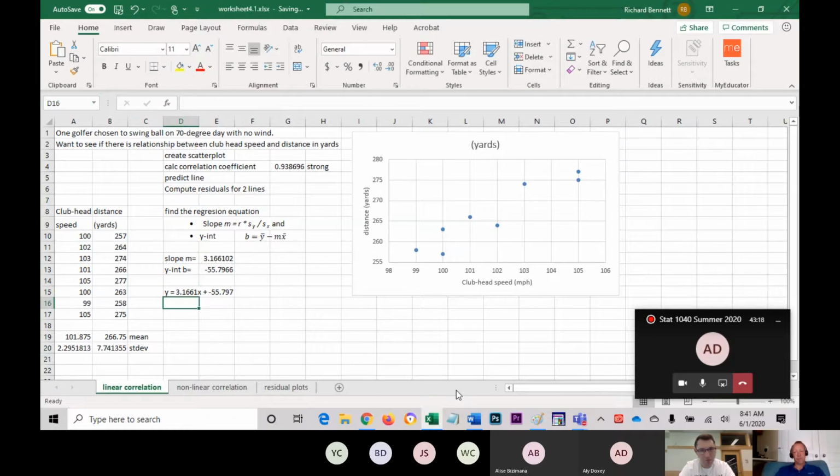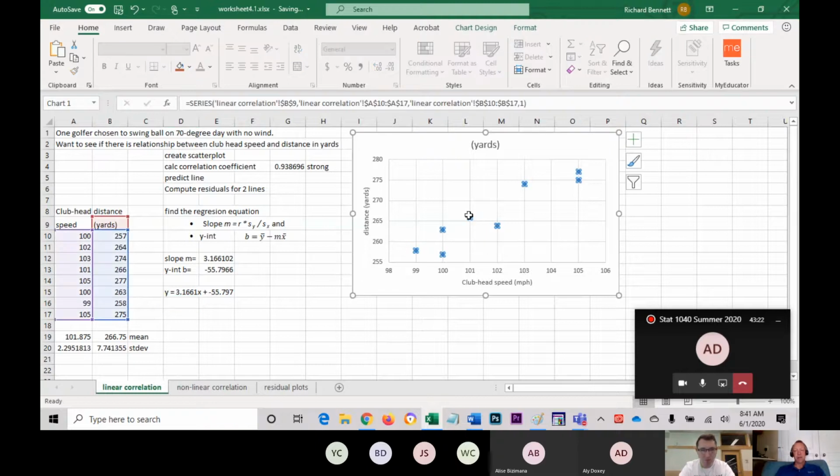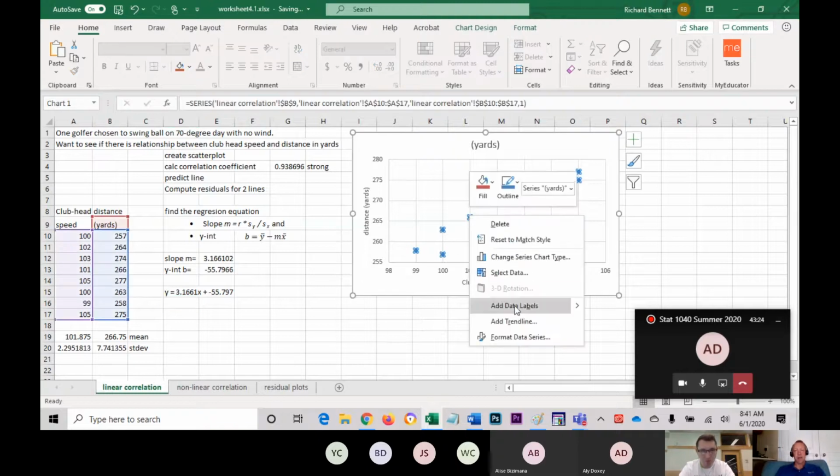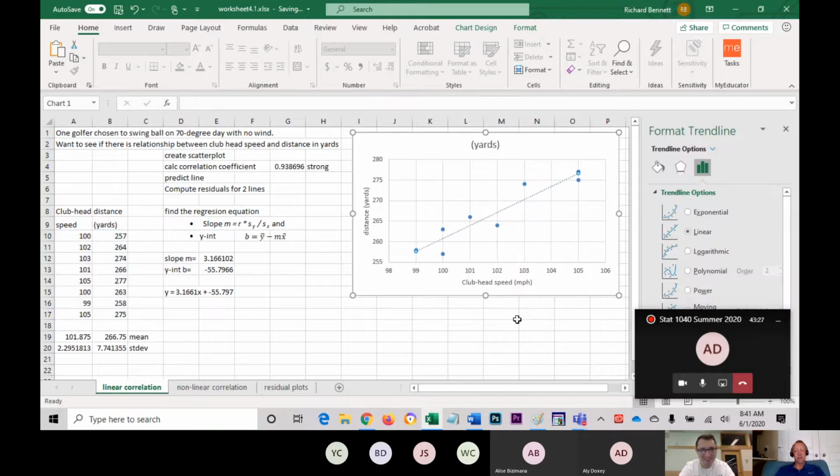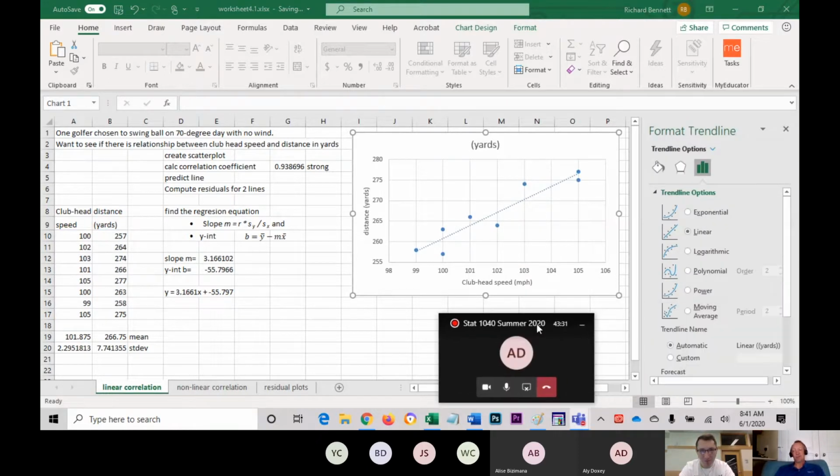Now, I will tell you, if you're using Excel and you want to check your answers, you can add a trend line to this thing here. Now, really quickly, I don't want to spend a lot of time on this. One of the interesting things about Excel, you can do a straight line or linear, which is what we want. You can also do exponential or logarithmic, and you'll see that the curve doesn't really change very much.